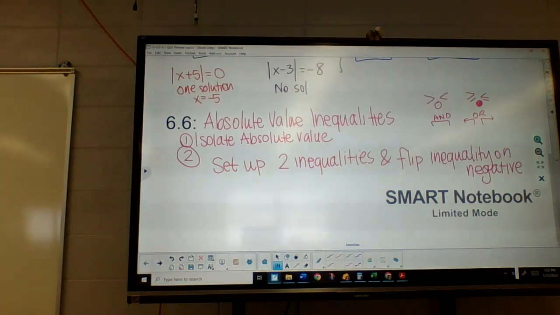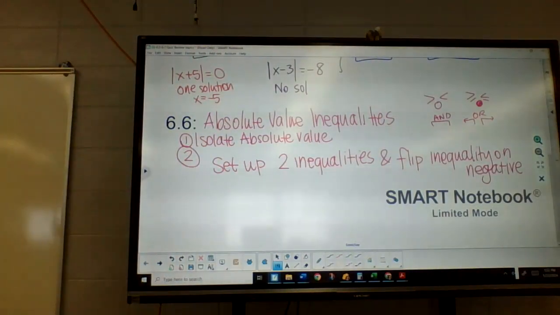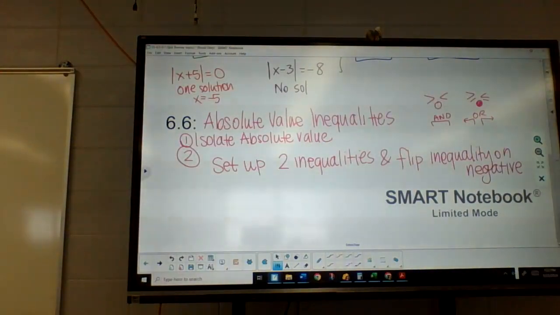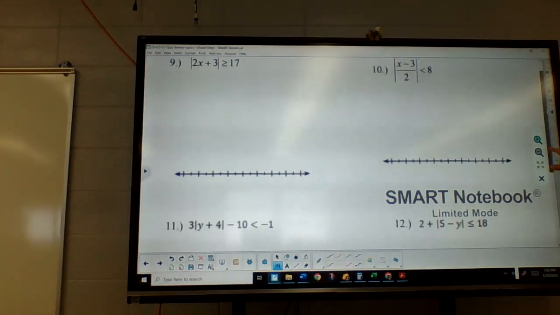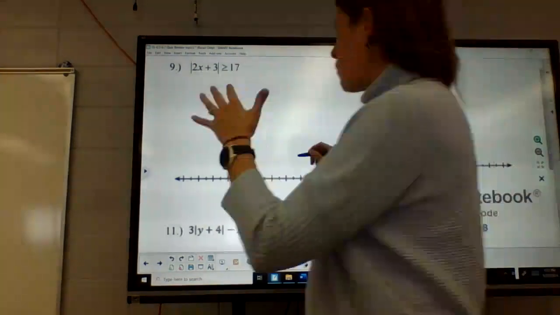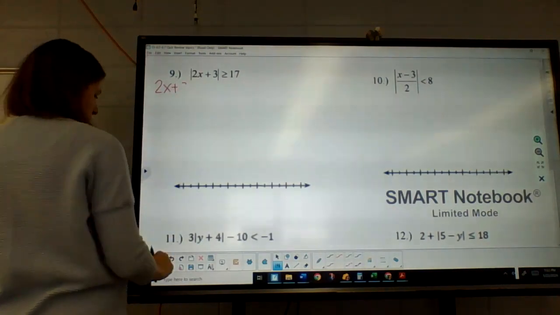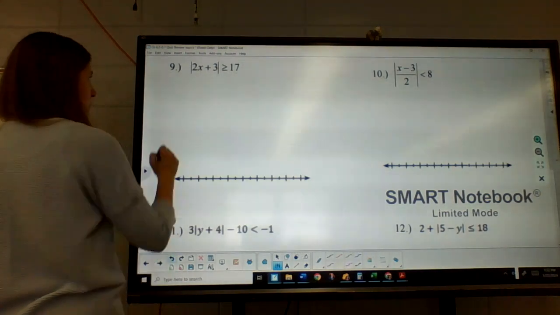So for this first problem, the absolute value is already isolated, and you probably have to write a little bit smaller on these. I tried to squeeze them on without making them too tiny, but it's kind of hard to fit all those on there. So we're going to set up our two inequalities. Oh, that should be a 3.